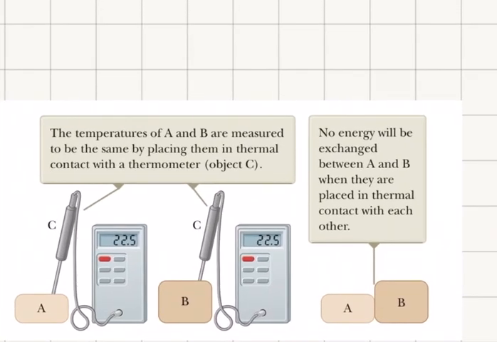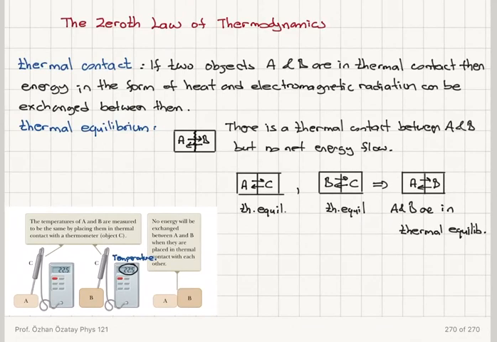So we can show that here I contact A with a system C, and system C is measuring a number which I call temperature, 22.5. And then I contact system C with B, and I measure the same number, 22.5. And when I make a contact between these two, they will be in equilibrium. So this number that I'm reading here is called temperature.